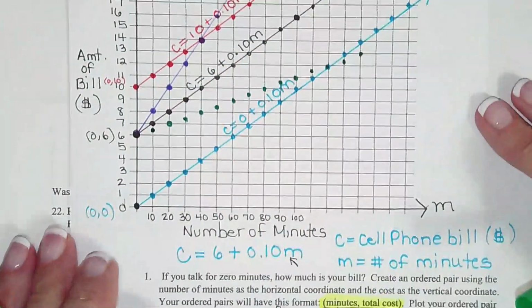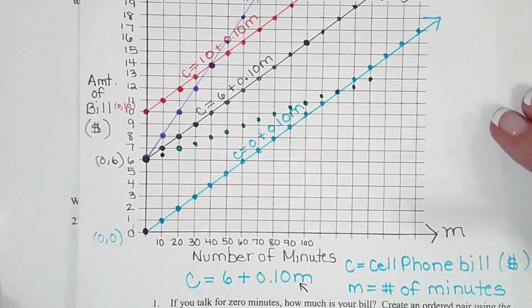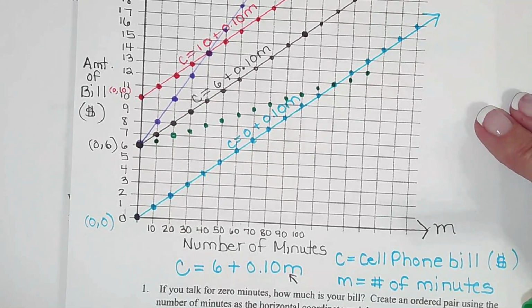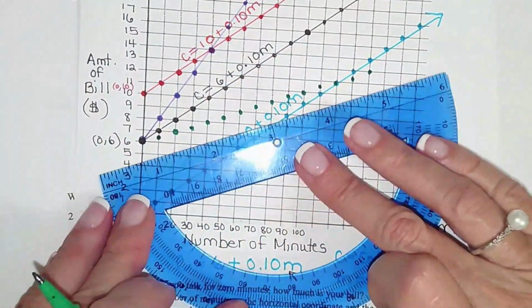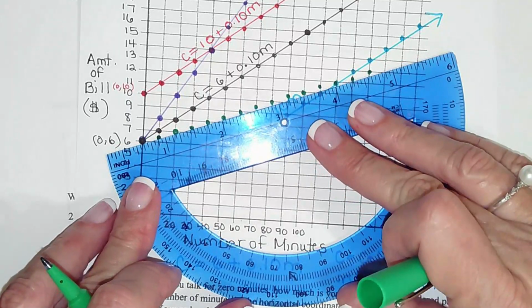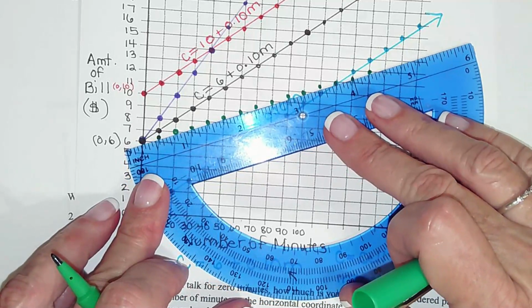There we go. So we want to lay our straight edge down and make sure that all of those points are lined up. Because if you have a point out of order, that's wrong. They all have to be in a perfect straight line. Looking pretty good, wouldn't you agree? So 0, 6 was our first point.